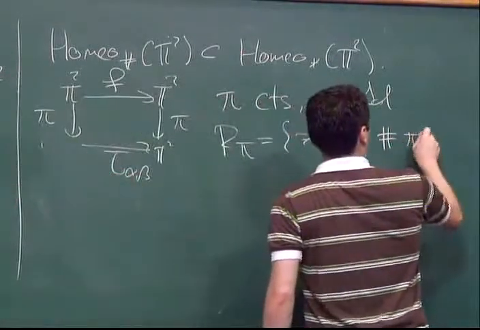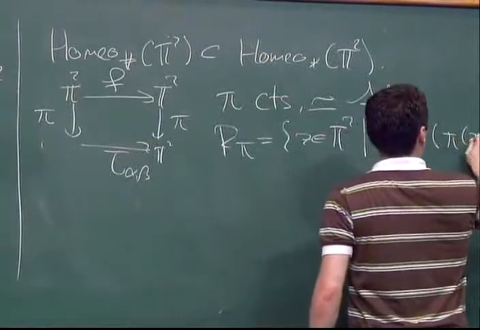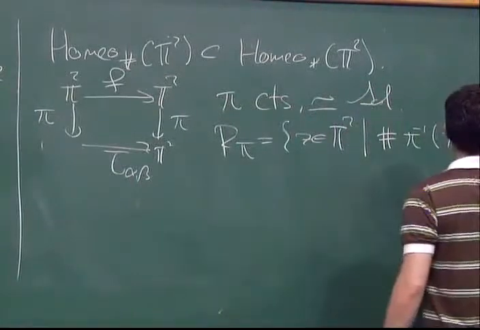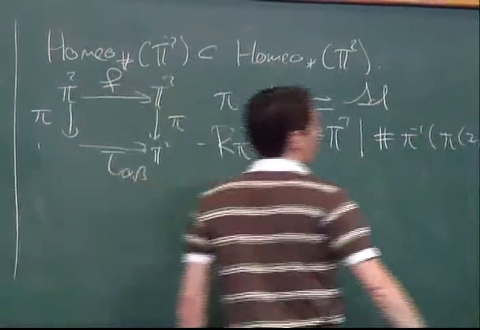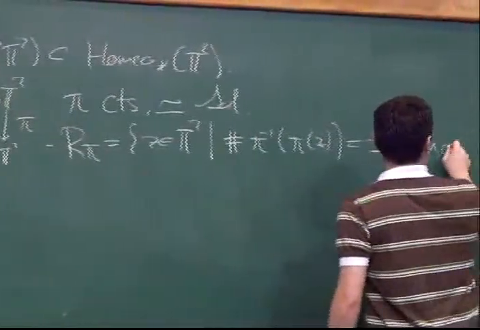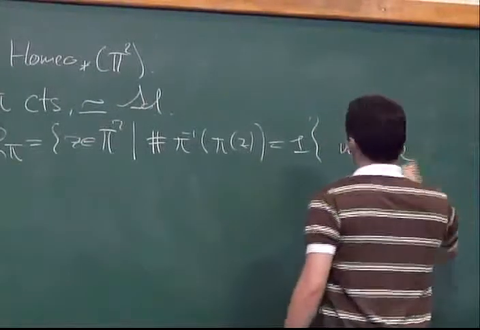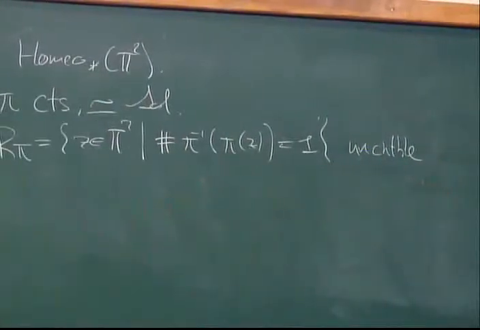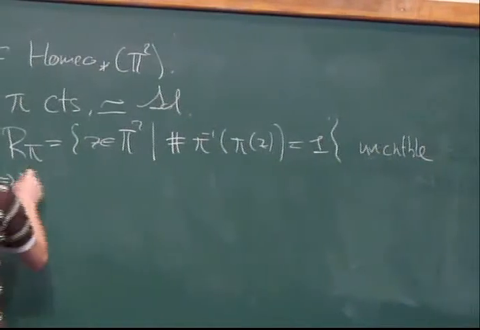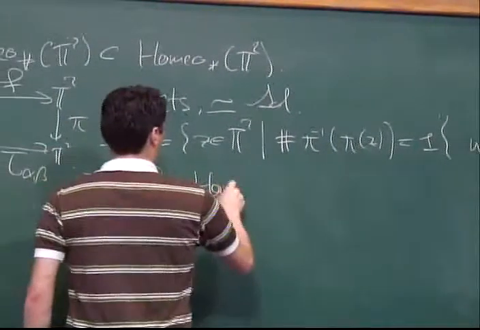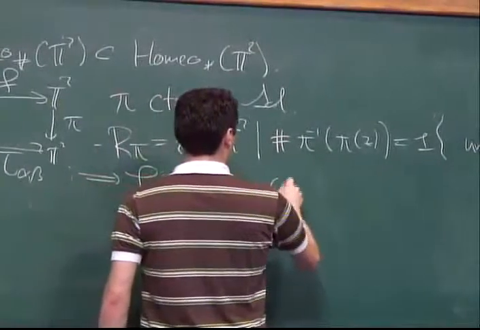So the number of points in a full preimage is 1, and we want this to be uncountable. Then by definition, F is in homeo sharp.